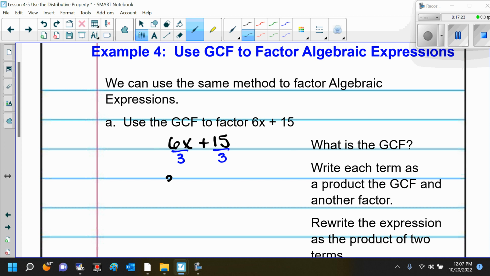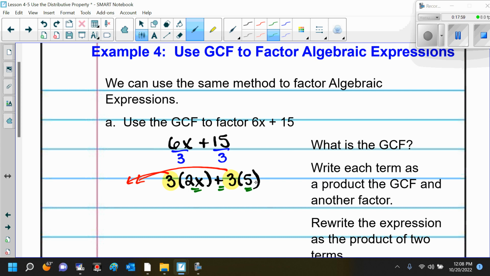So we've got 3 times what is equal to 6x? 2x. Don't forget that x. Plus 3 times what equals 15? 5. Very good. So now that 3 is going to come outside of the parentheses. And what's left stays inside the parentheses.